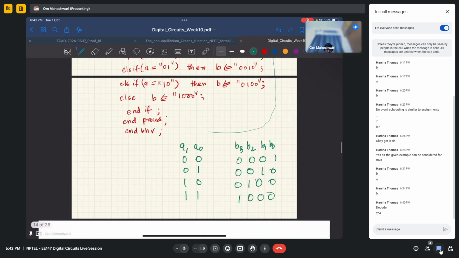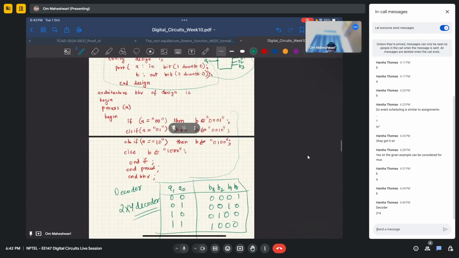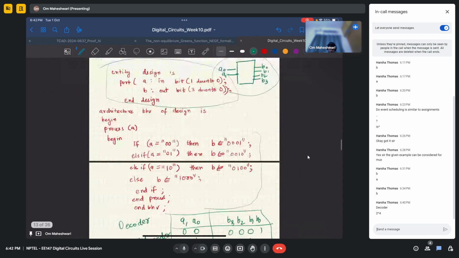So if you remember, this is the truth table of a decoder. It is a 2 cross 4 decoder. So I hope this is clear to all.